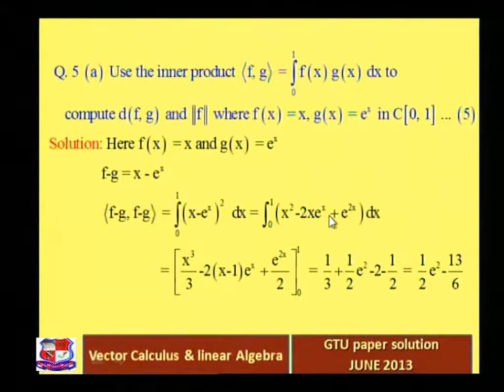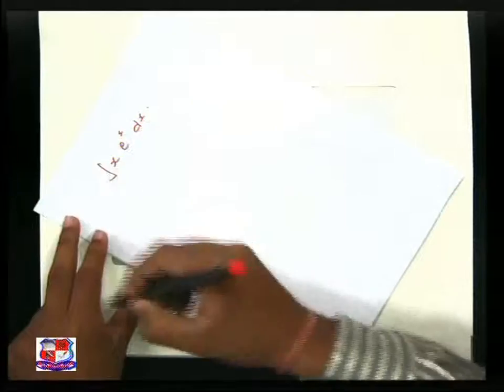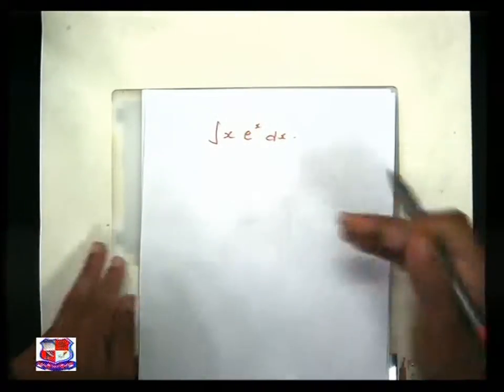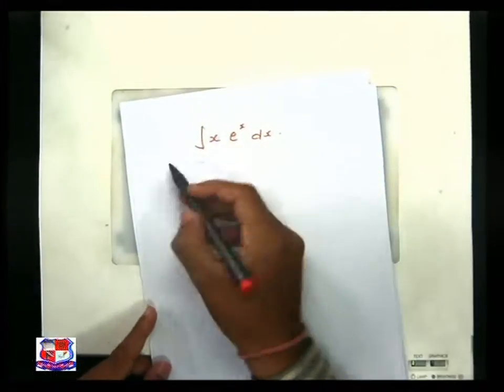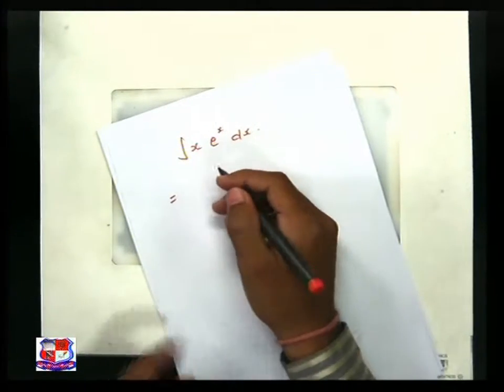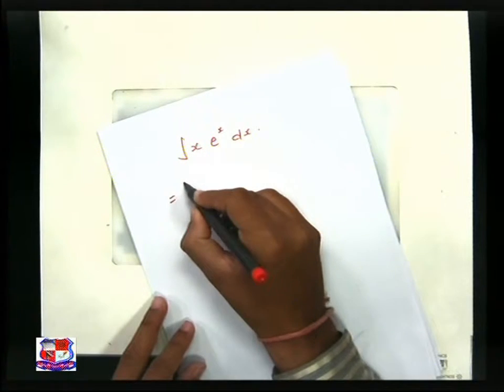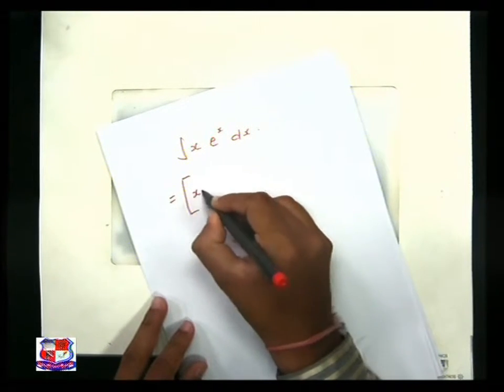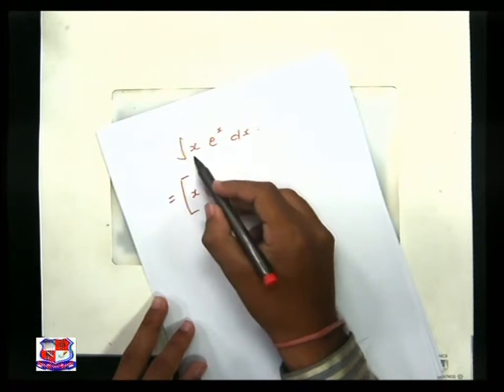Now to find the integration of x e raised to x dx, we have to use this property. The integration of x e raised to x dx is equal to, x is as it is.